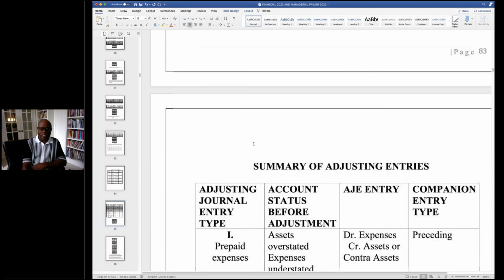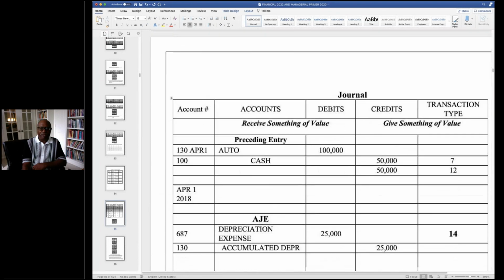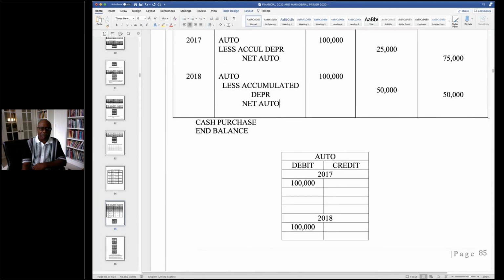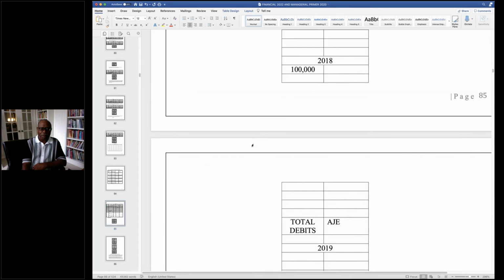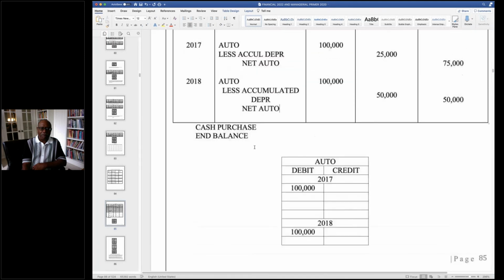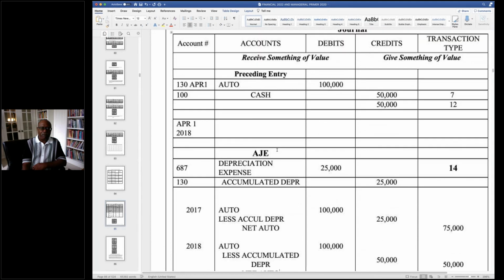Wait, Professor Boyd, for that same problem, when you have auto and cash, what's the third one? Because it says 50,000 under it on the journal entry. Is it intentionally supposed to be blank? No, I just didn't write it.